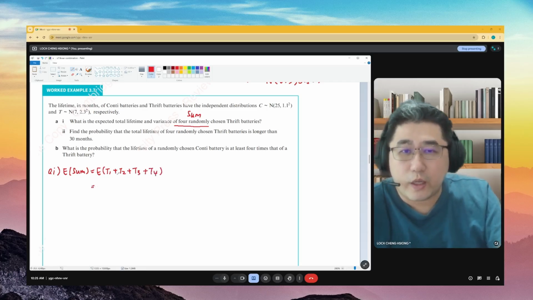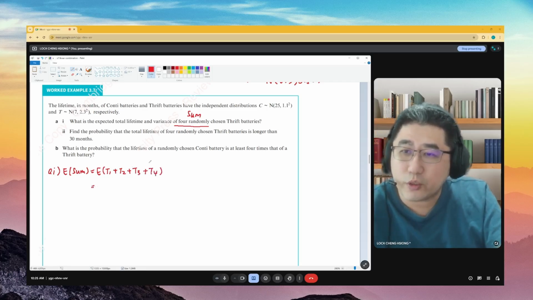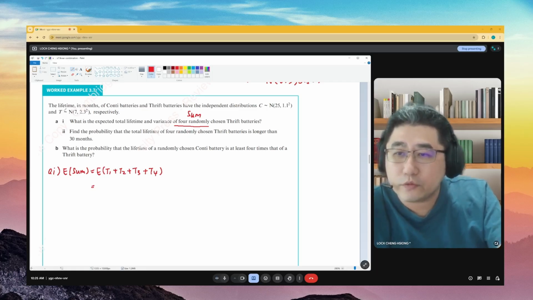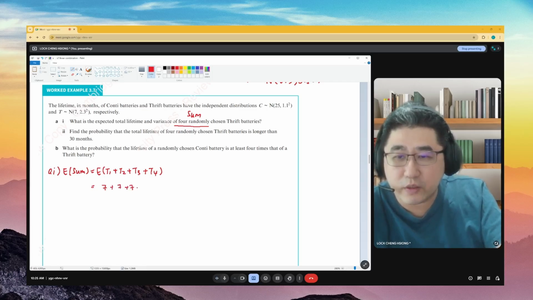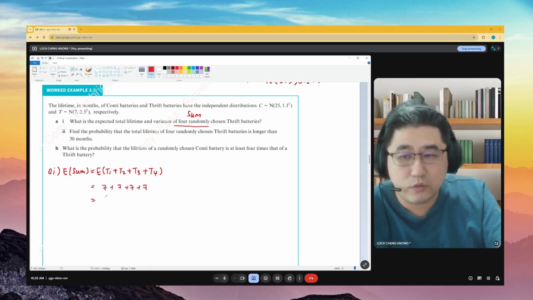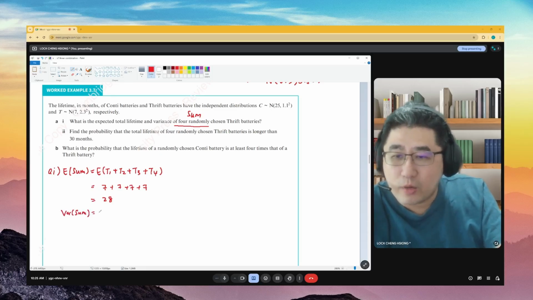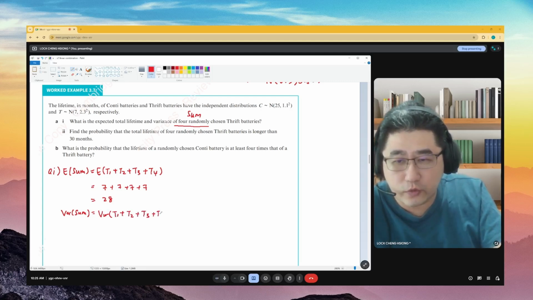For the Thrift battery with 7, I have 7 plus 7 plus 7 plus 7, so I have a total of 28. What about variance? The variance for the sum: I have the variance of T1 plus T2 plus T3 plus T4.